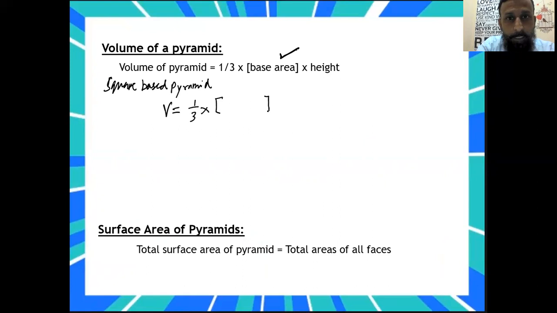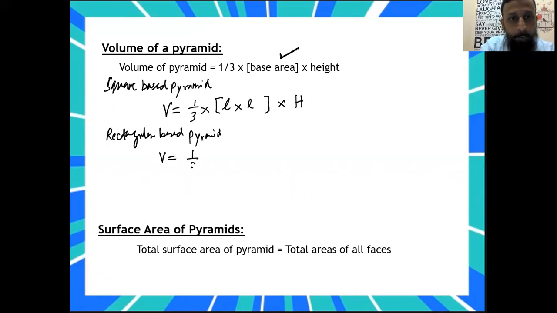Now, the area of a square is given by the formula length multiplied by length and then finally multiplied by the height. If it is a rectangular base pyramid, so boys and girls, our formula will be 1 upon 3 multiplied by the base area, and the base area of a rectangle is given by the formula length into breadth multiplied by height.